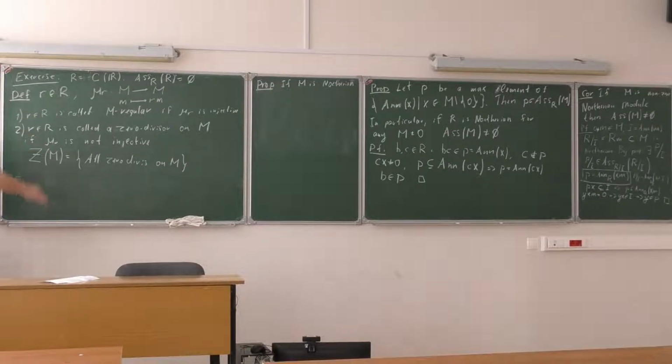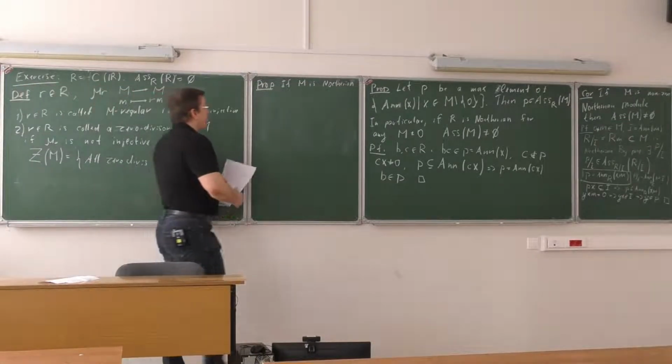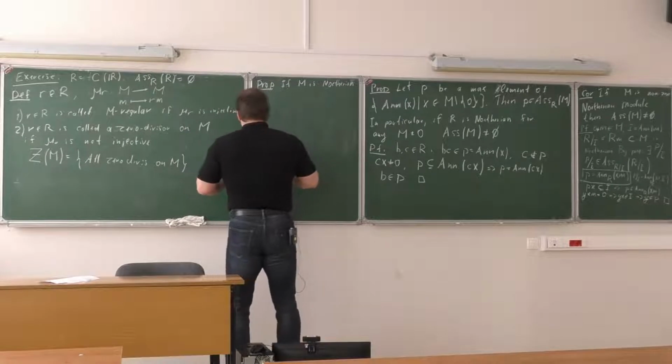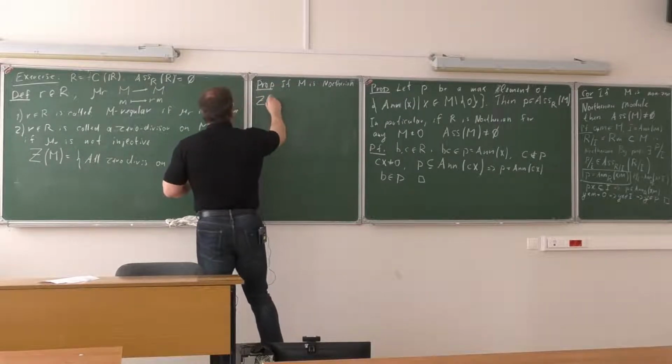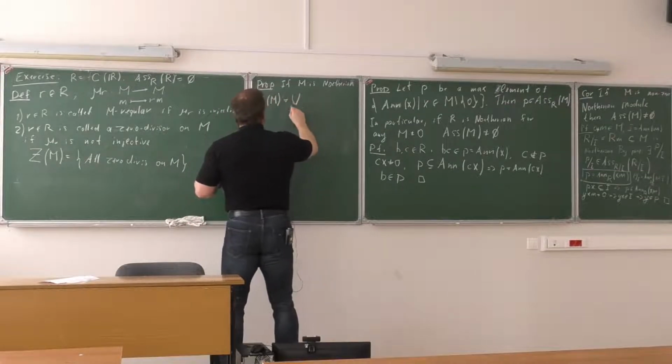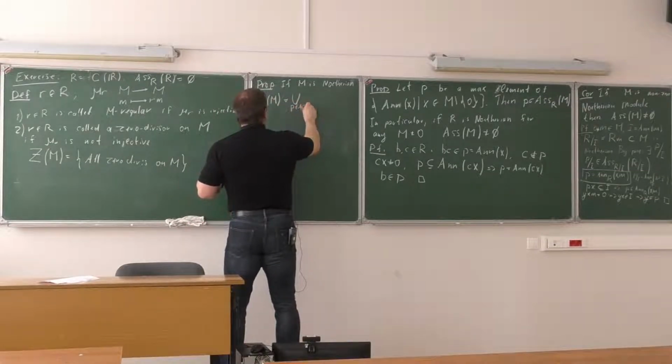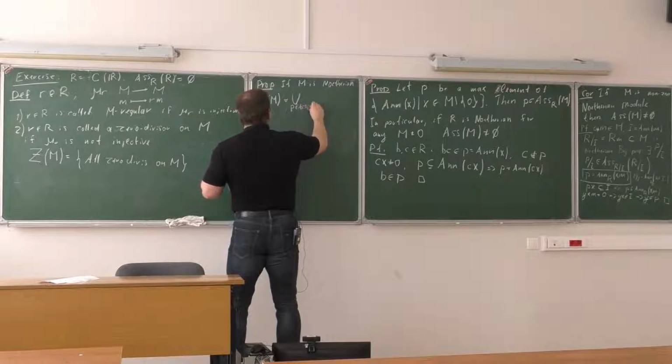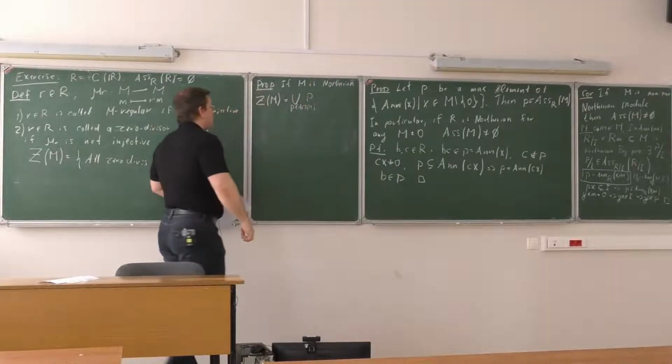Otherwise we have such examples where the theory of associated primes doesn't quite work. It can be an empty set. So for a Noetherian module, we have the following: the set of zero divisors on M is precisely the union of all associated primes.